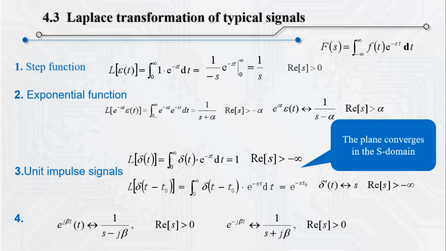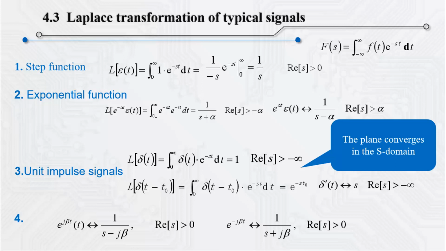Let's look at the exponential function, the Laplace transformation of e to the power of negative alpha t. Using the unilateral Laplace transformation, substitute the exponential function e to the power of negative alpha t into the unilateral Laplace transformation formula.